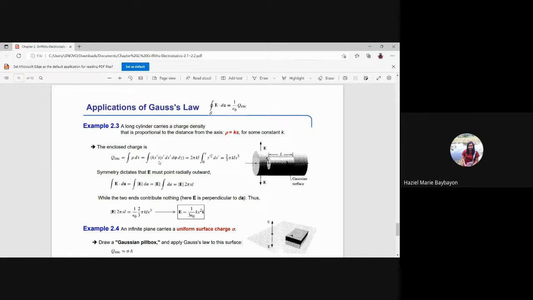What is left is s squared ds. So you integrate s squared ds. This is actually up to the radius s prime of the Gaussian surface. So you have s cubed over 3.